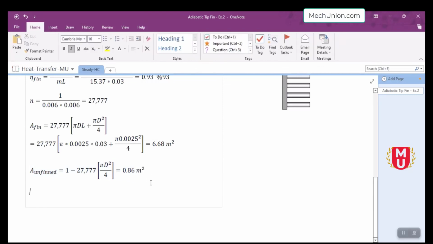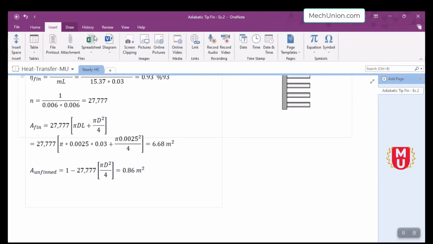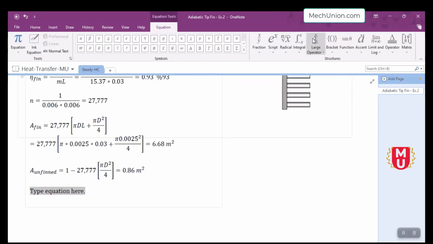And the final step is to find the heat transfer rate of the fin area.